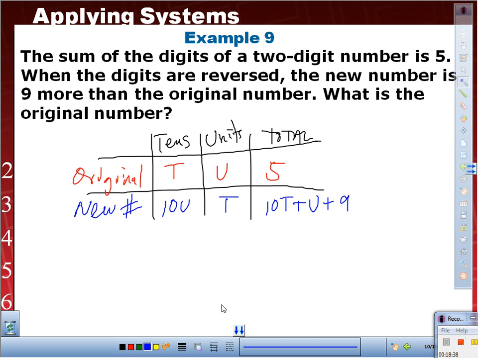Hands if you got that by yourself. Okay, good. So I'm going to write my first equation as T plus U equals 5. And my second equation, I'm going to write it so you can see the entire process: 10U plus T equals 10T plus U plus 9.